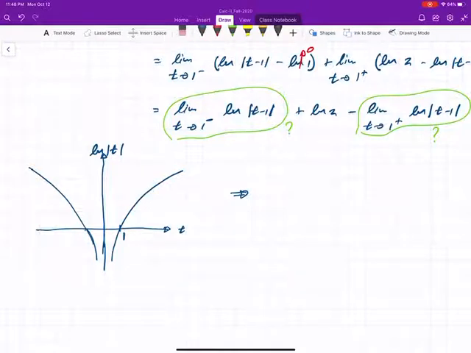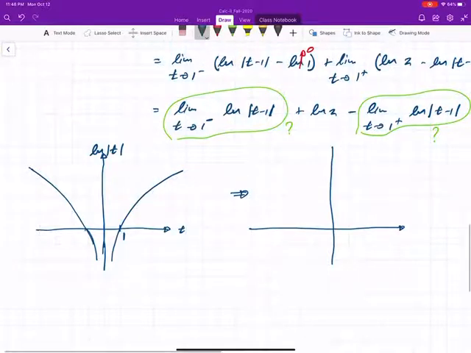You have to shift this plot 1 unit rightward. Once you shift this 1 unit rightward, this is the place where you have the asymptote.